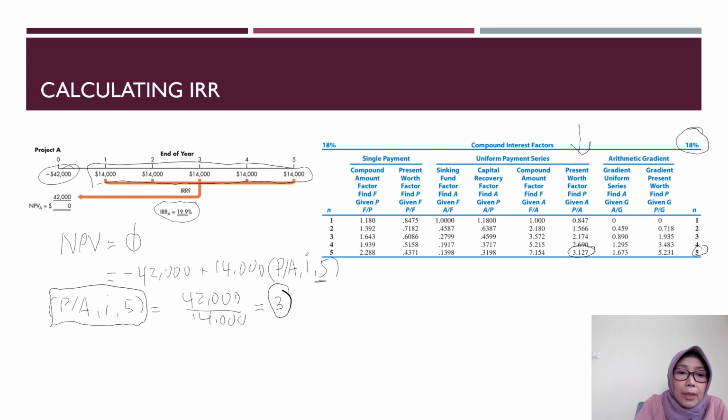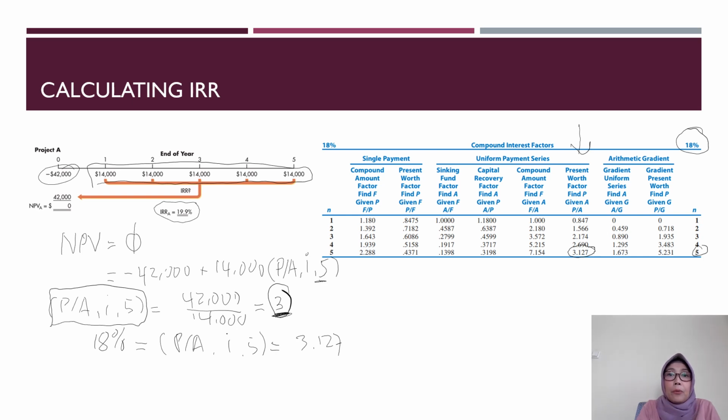So I'm going to write down here, for discount rate 18%, P over A, i, 5 is equal to 3.127.